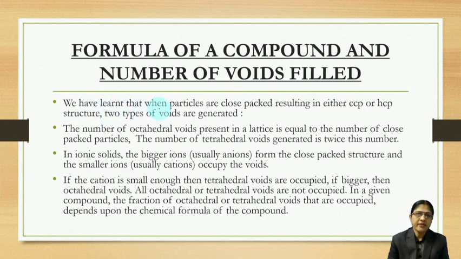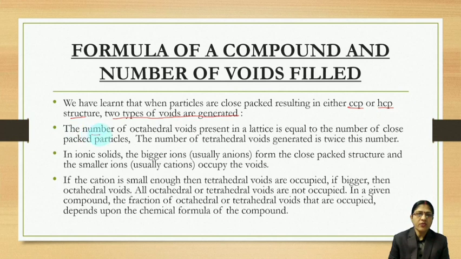Already we have learned that when particles are close packed, resulting in either CCP, cubic close packing, or HCP, that is hexagonal close packing structure, two types of voids are generated. Those are tetrahedral voids and octahedral voids.